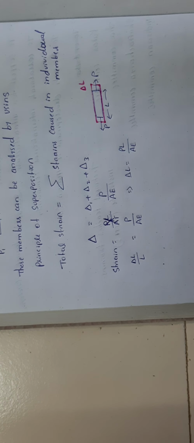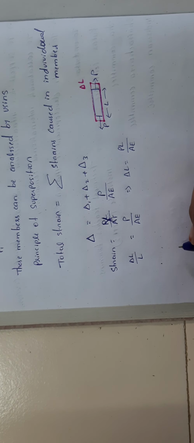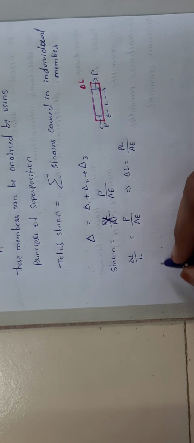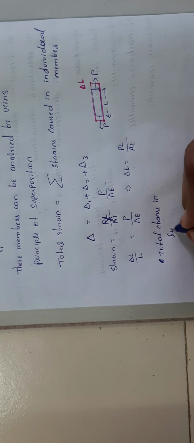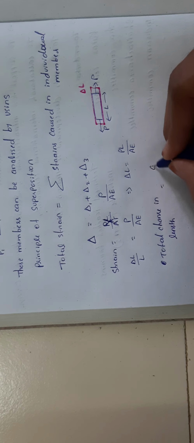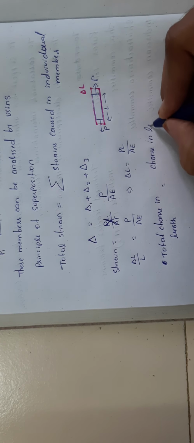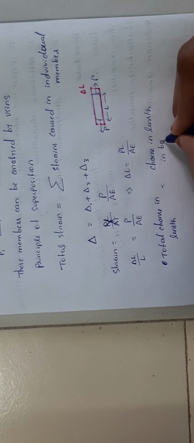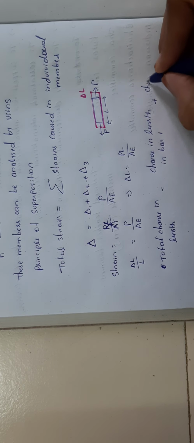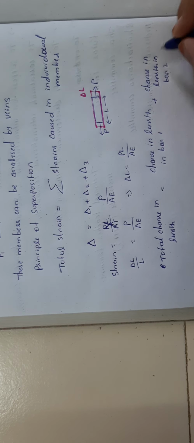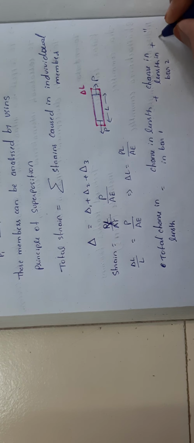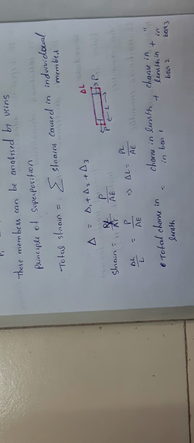So by using the principle of superposition, the total change in length equals the change in length in bar 1 plus the change in length in bar 2 plus the change in length in bar 3.